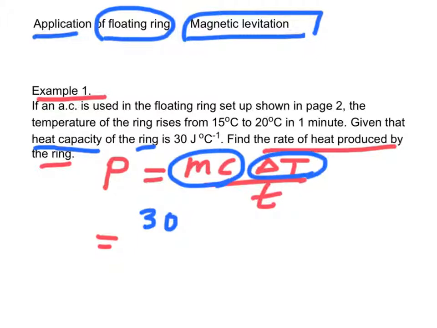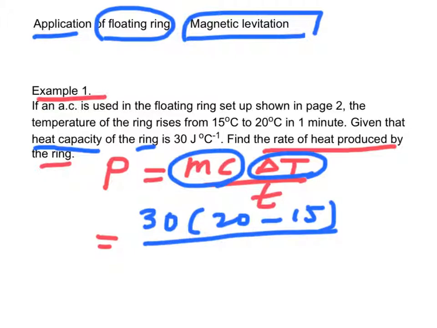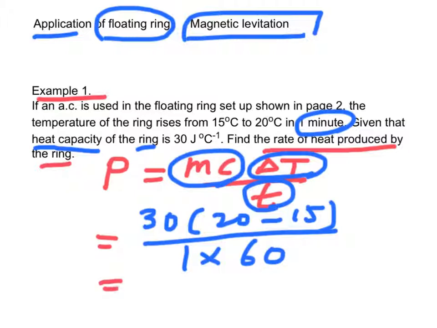Delta T, the change in temperature, is 20 minus 15 degrees Celsius. The time taken, t, is 1 minute, which is equal to 1 times 60 seconds. Therefore, the power or the rate of heat produced is equal to 2.5 watts.